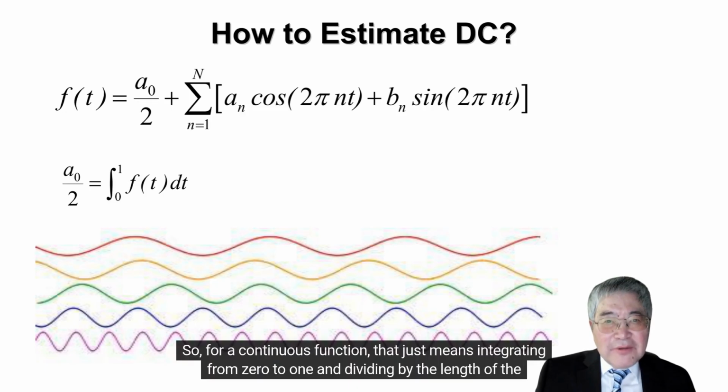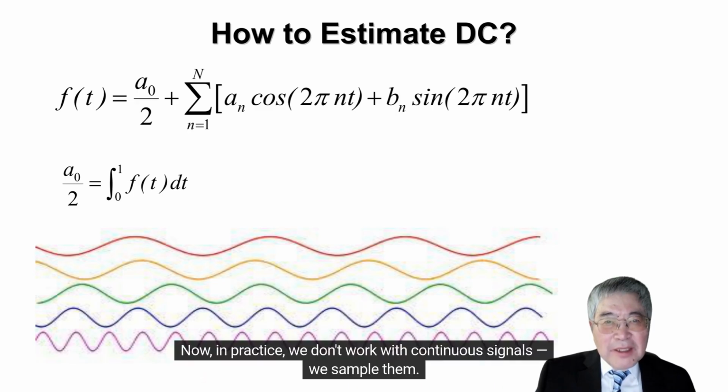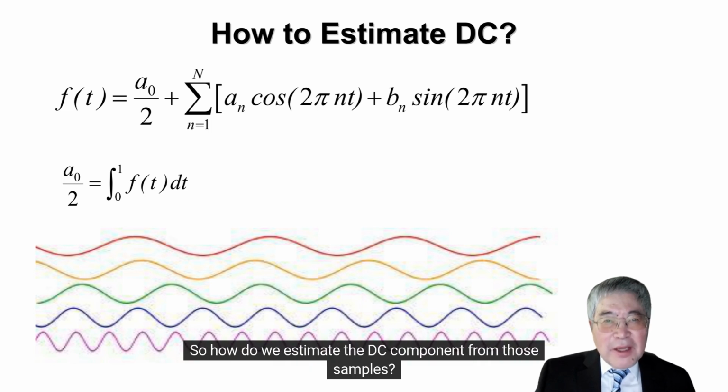So, for a continuous function, that just means integrating from 0 to 1 and dividing by the length of the interval. Now, in practice, we don't work with continuous signals, we sample them. That means we take a finite number of measurements evenly spaced across the interval. So how do we estimate the DC component from those samples?